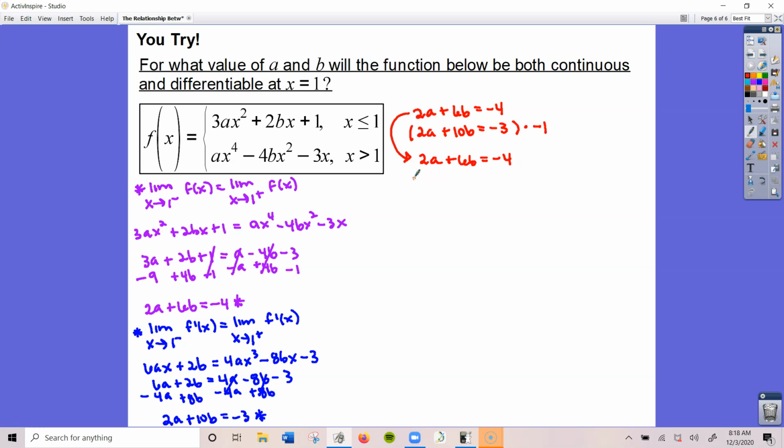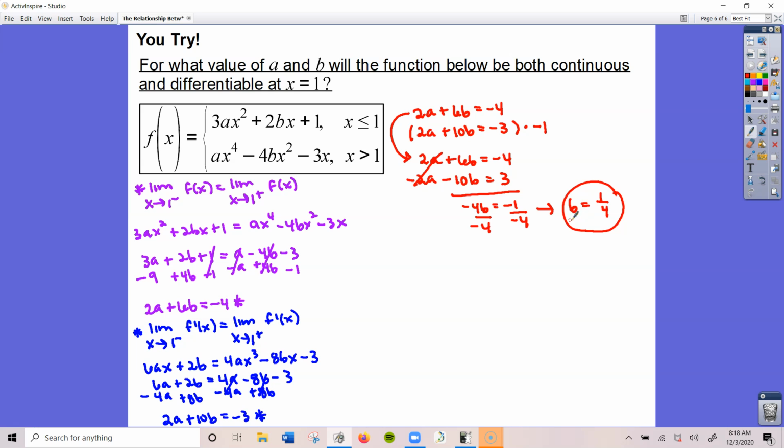And the bottom equation becomes negative 2a minus 10b is equal to 3. My a's cancel, and I'm left with negative 4b is equal to negative 1. When I divide by negative 4, I get that b is equal to 1 over 4.